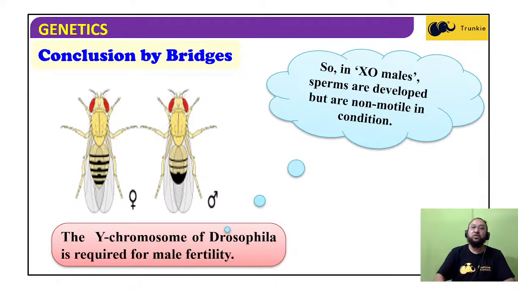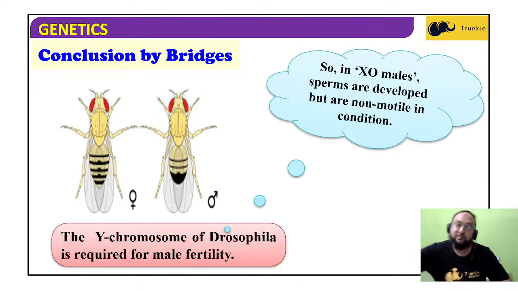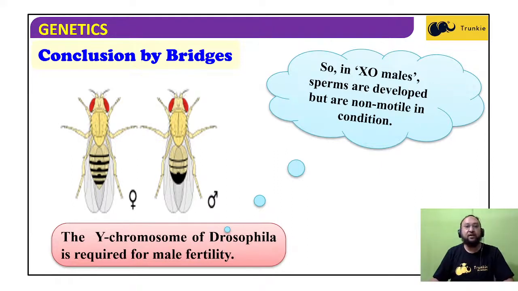In X0 males, sperms are developed but are non-motile, so it is not a normal condition. I told you, the Y chromosome of Drosophila is required for male fertility.